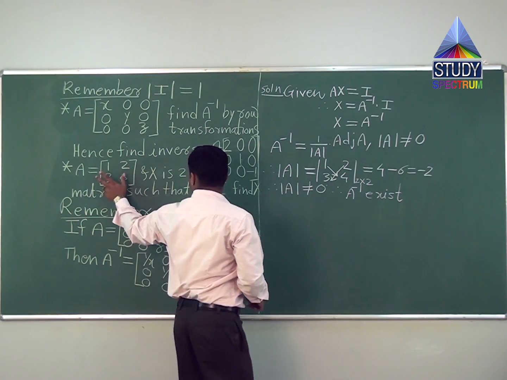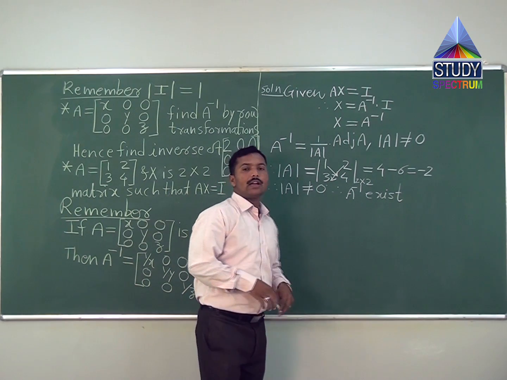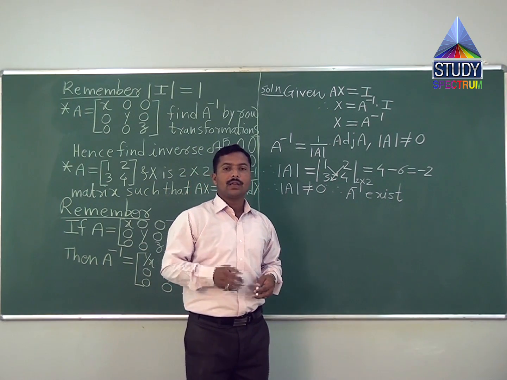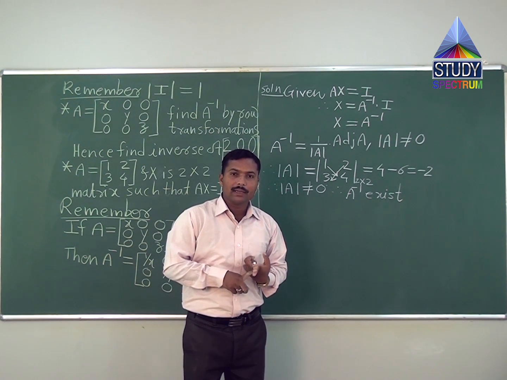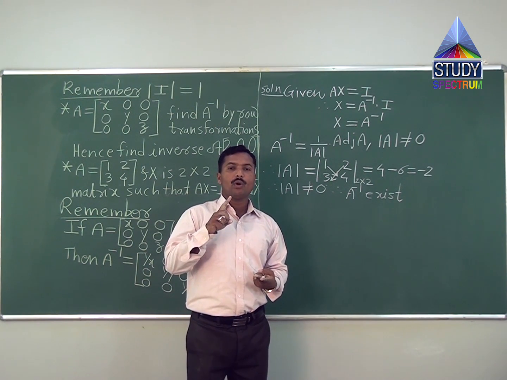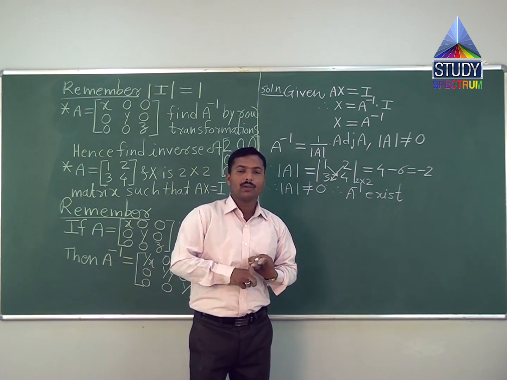Again we find the adjoint of A. For the adjoint of A there are 3 steps. First, we find the minor of the given matrix. Second, we find the cofactors of the given matrix.